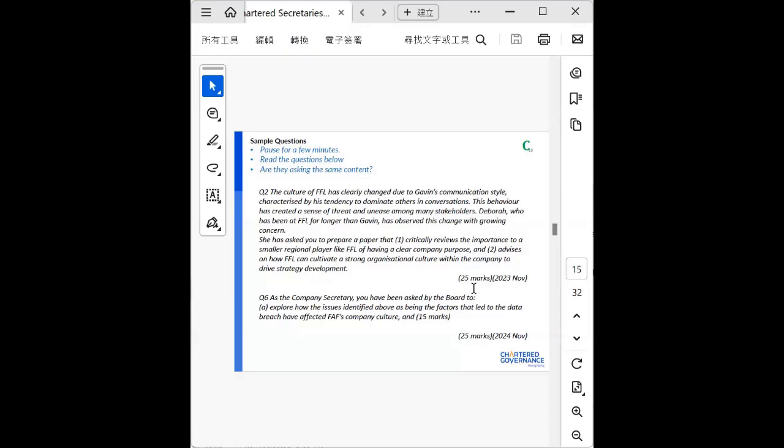Deborah, who has been at FFL for longer than Galvin, has observed a change with growing concern. She asked you to prepare a paper to review the importance of smaller regional players like FFL in the company purpose. So that also relates to the company's purpose, expressing the organization purpose, which is the third topic, and advice on how to cultivate organization culture.